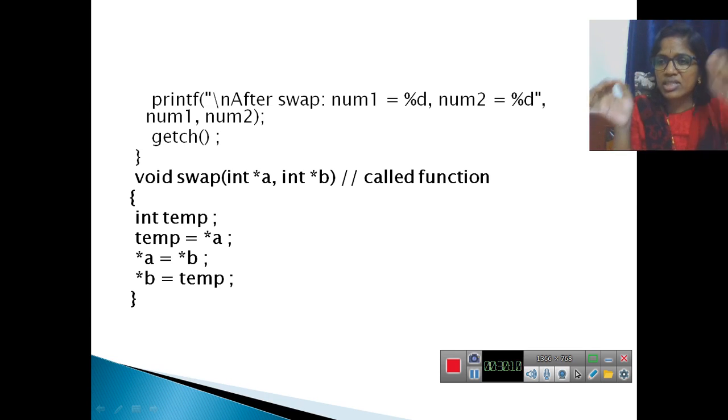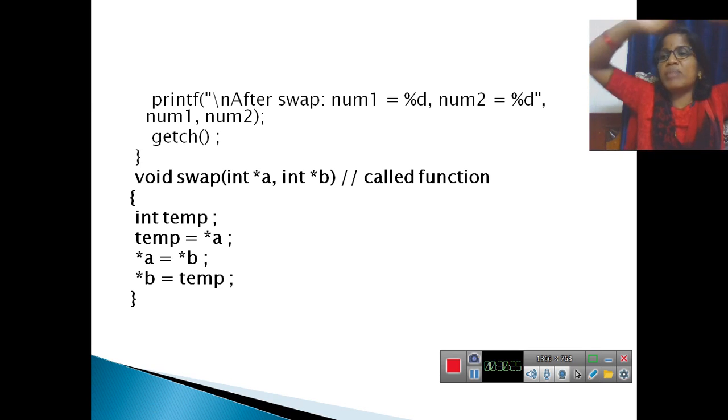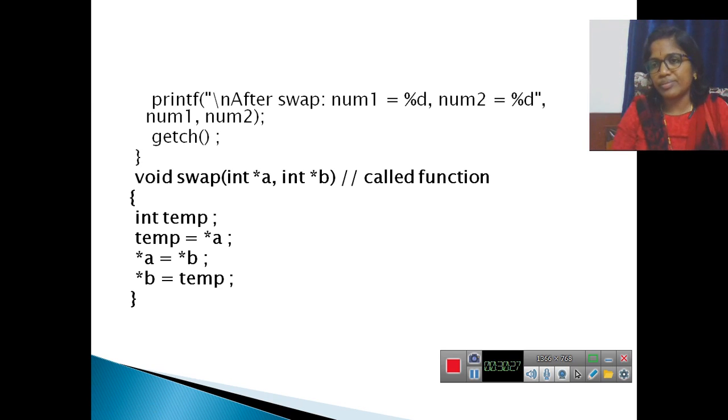Along with the addresses, along with the keys, you have interchanged the data. Here also you are not passing anything back. You directly had the address and you made changes at the address. So the swapping is done.